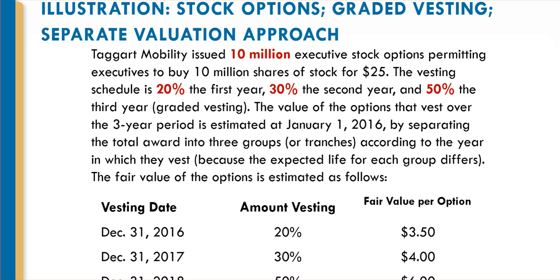So you can see that the compensation expense, which is for 2 million times $3.50 or $7 million, is all going to be expensed. The compensation cost is all going to be expensed for those that vest in 2016.